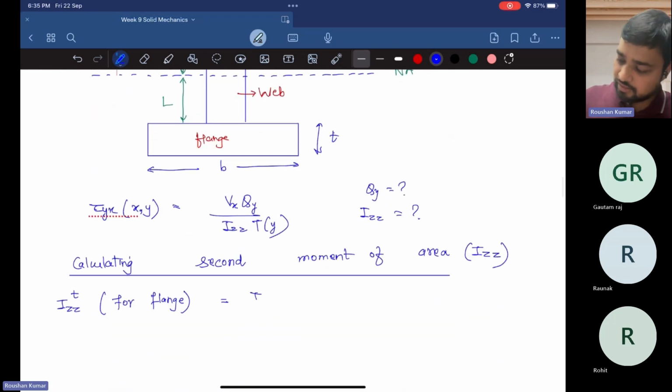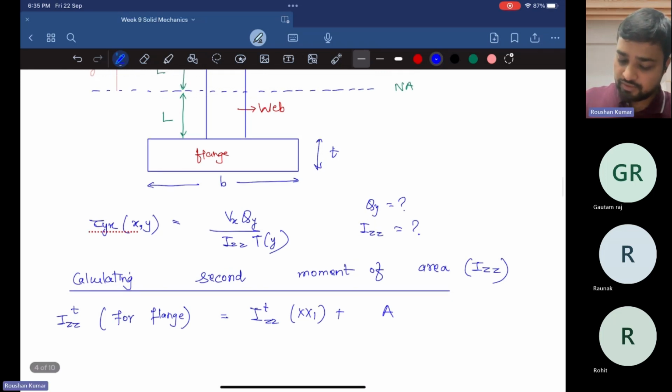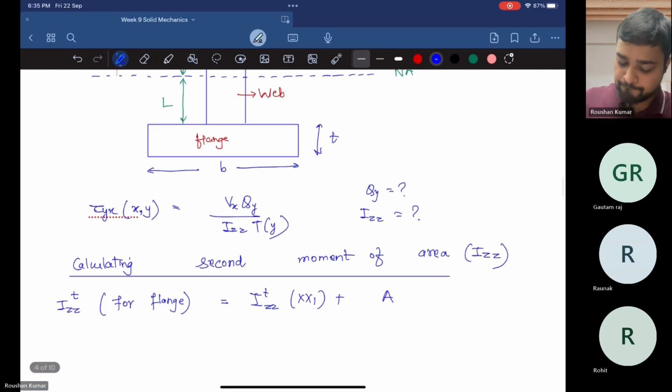So I of the flange is I about xx1 plus A times the area of the shaded region times x bar square, or we say y bar square.